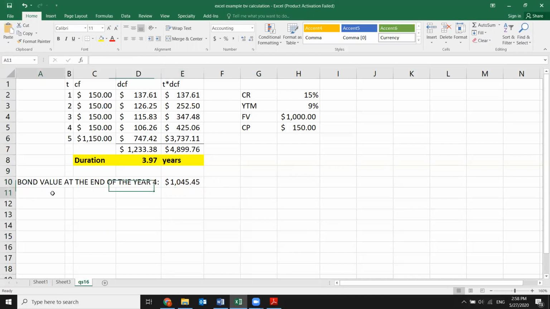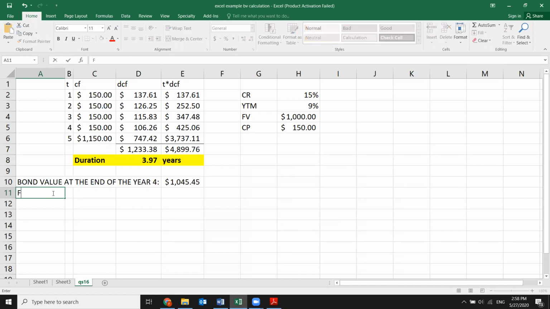And now we need to calculate the future value of interest payments. In general, you're going to receive $150 every year for 4 years, with the interest at 10%. So we need to get the future value of it, how much you're going to receive in total if it's compounded.